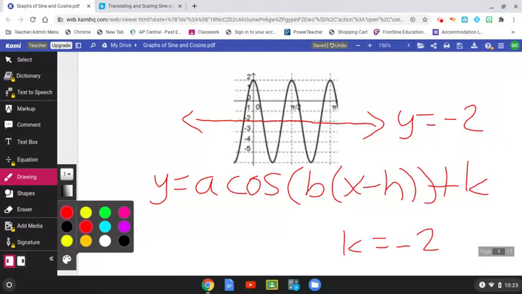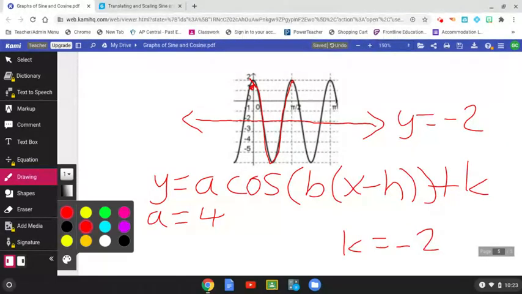Now the amplitude: if you notice, the graph goes 4 units above the midline and 4 units below the midline. So a equals 4. To find b, here's one period of cosine.